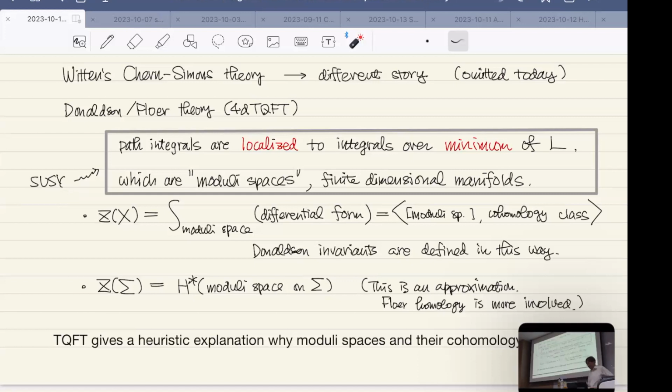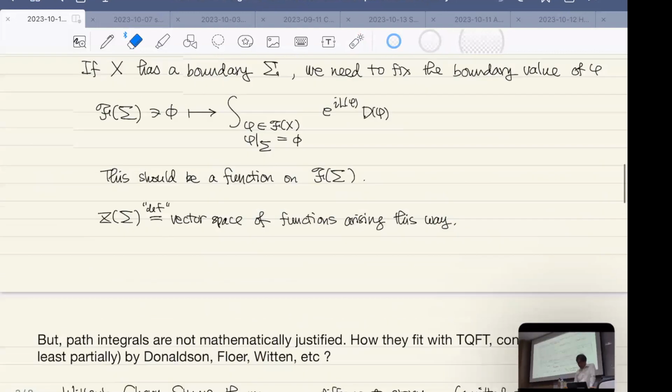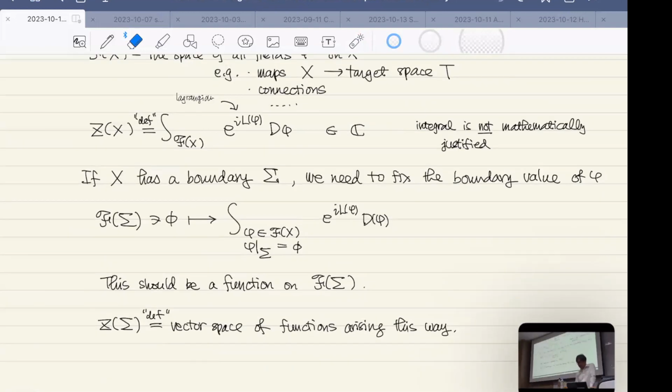So maybe you can imagine the following scenario. You learn the Stokes theorem for the integration of differential forms. Here, instead of the integral of functions with respect to some measure, because of supersymmetry, you replace it by integration of a differential form, and this differential form is closed.